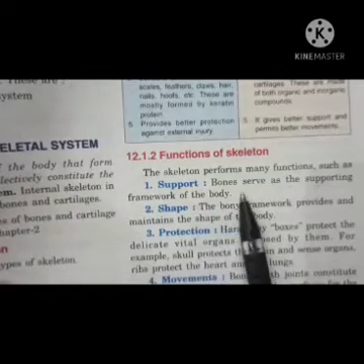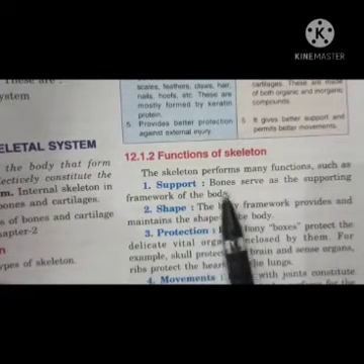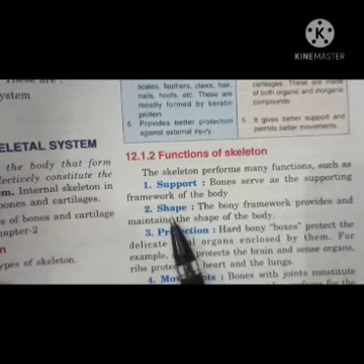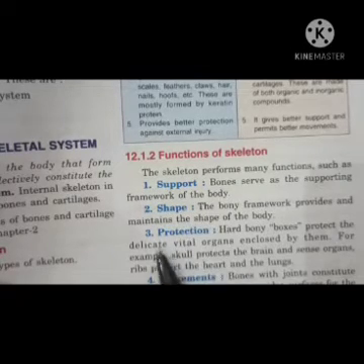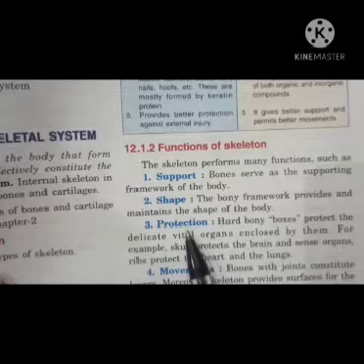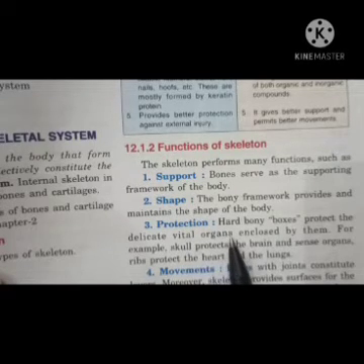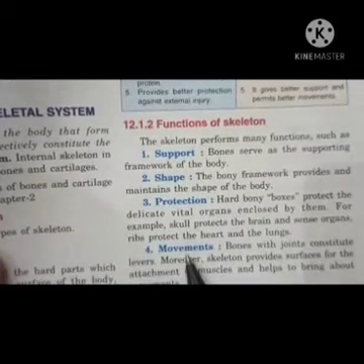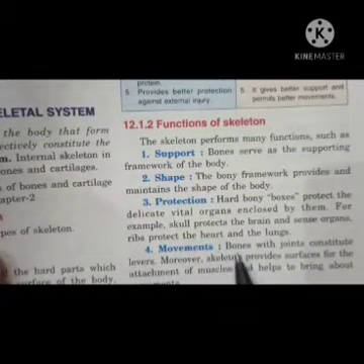What is the function of skeleton? It gives support and shape to the body, helps in protection of the internal vital organs enclosed by it, and also helps in movement.